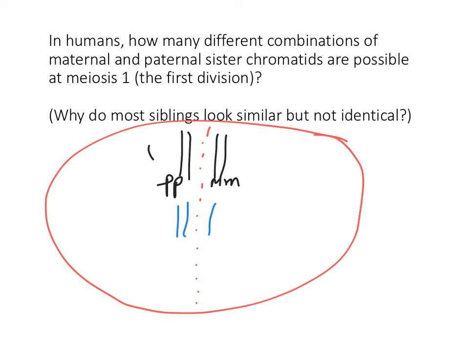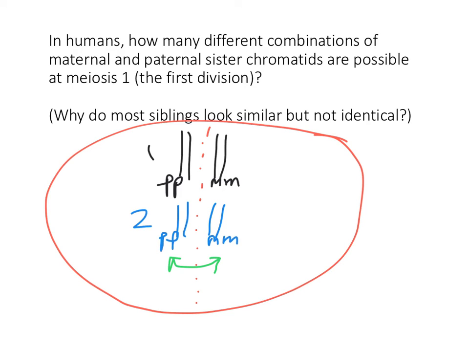We have the same thing happening with chromosome 2 in blue, let's say. 2 copies of the paternal chromosome, 2 copies of the maternal chromosome. We talked about the fact that the 2 copies of chromosome 2 can go in either order. The paternal copies could be on the left side and maternal on the right, or it could be mirrored. It could be the 2 maternal copies on the left side here, and the 2 paternal copies on the right.